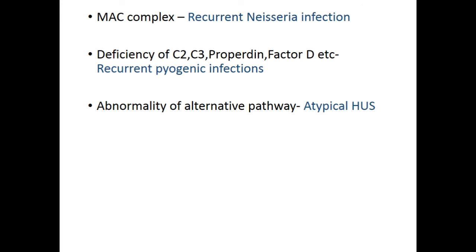Why it happens is like this. When there is an abnormality of the alternative pathway, there can be increased amplification and increased production of the membrane attack complex.